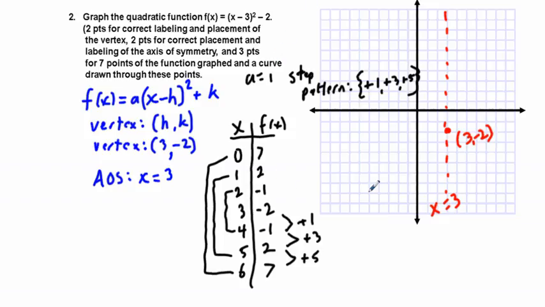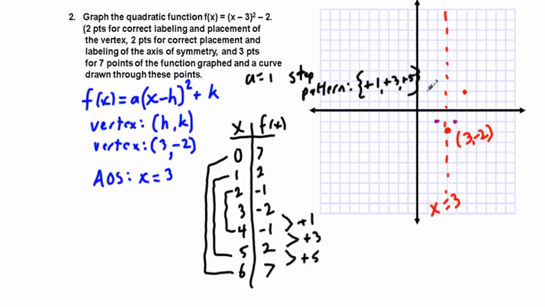So now we can just graph these points. We already have our vertex, and then we have 4 comma negative 1 and 2 comma negative 1. Then we have 5 comma 2. There it is.